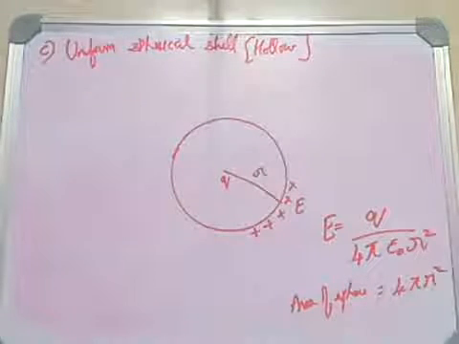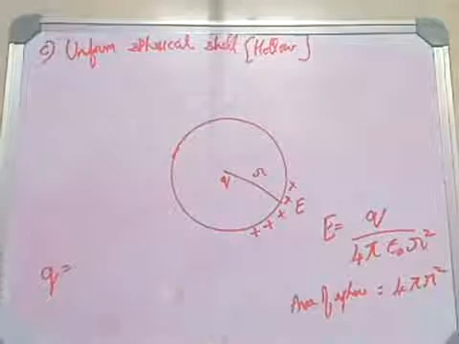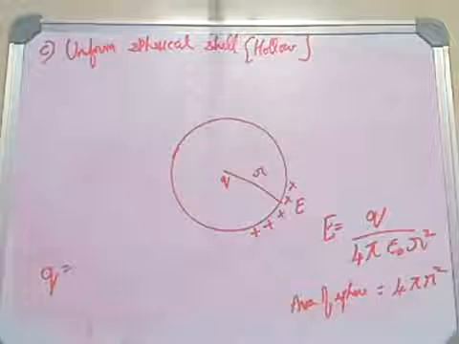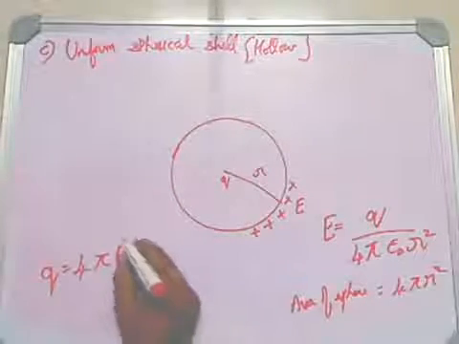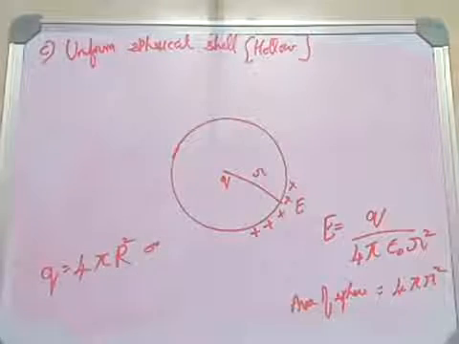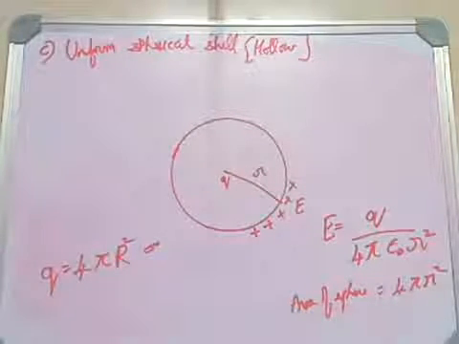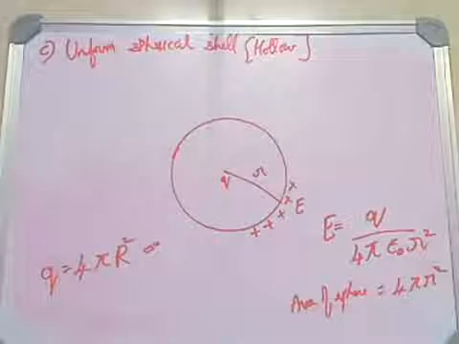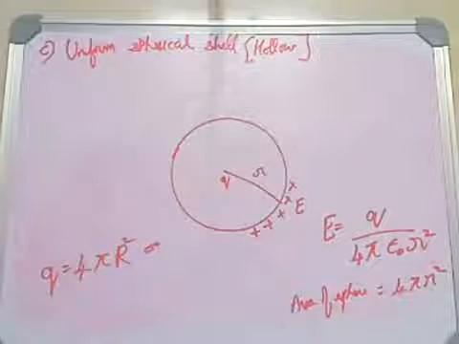Now, one more thing that you can consider here: the value of Q, the total amount of electric charge that is present here, is 4 pi r square multiplied by the charge density. Now, this is how you arrive at the electric field on a uniform spherical shell.